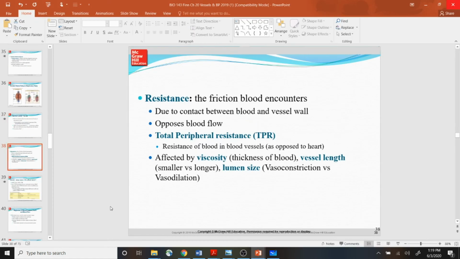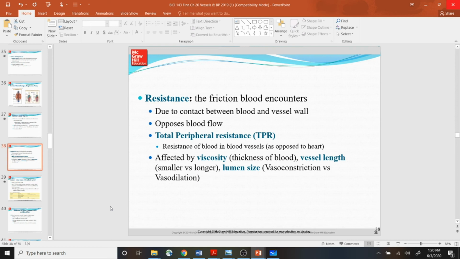Now, we've already talked about resistance with blood vessel size, vasoconstriction versus vasodilation. Total resistance can also be affected by the thickness of blood. We don't want blood thickness to change. If you were to get severely dehydrated, you wouldn't want that to happen, but it can, and that could create issues in our body.